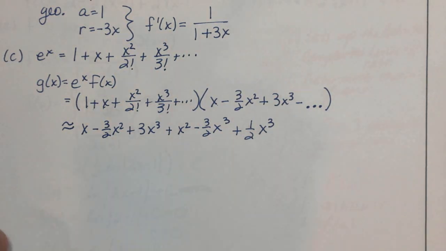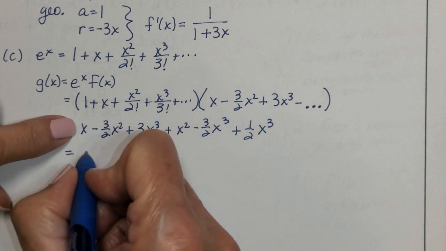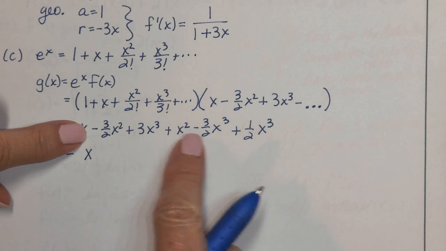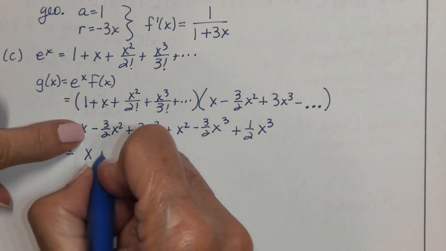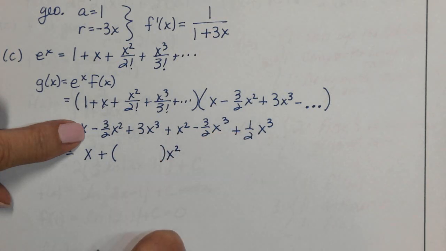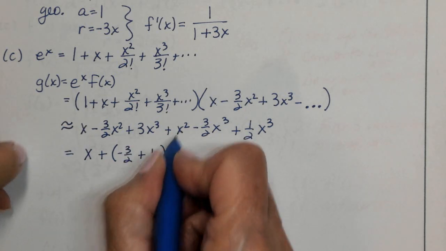Question: is this a third degree Taylor polynomial? No, it is not, because it's not in the form of a third degree Taylor polynomial. I need to write it in the form of a Taylor polynomial. There's a single x term, so there's that. Now I'm going to group all of my squared terms and factor out an x squared. I'm going to have negative 3/2 from that piece and a plus 1 from that piece.